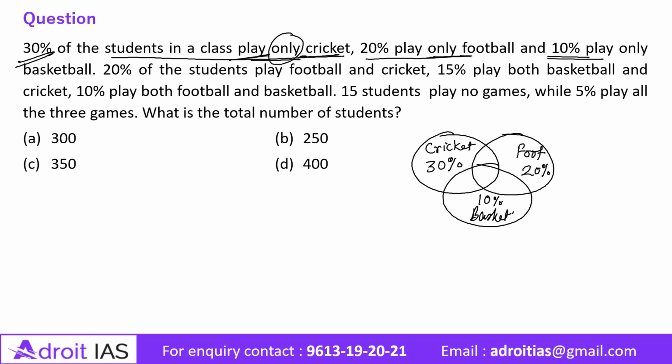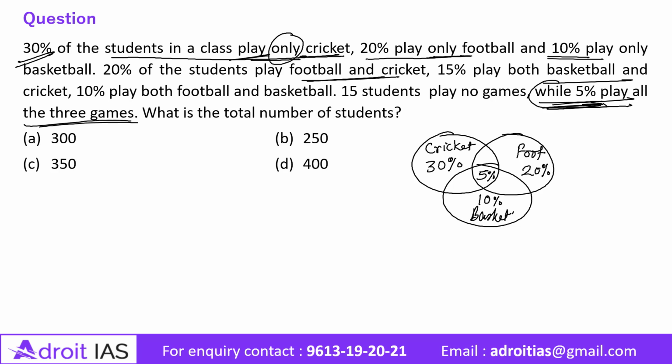Okay, 20% of the students play football and cricket. Let me find where the students are playing all the 3 games, right? 5% play all the 3 games, so just fill this 5% first.